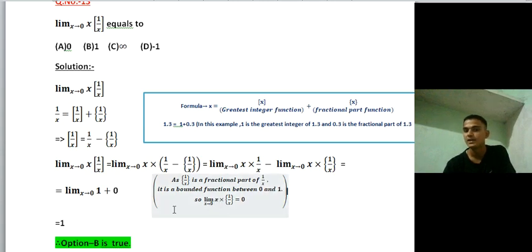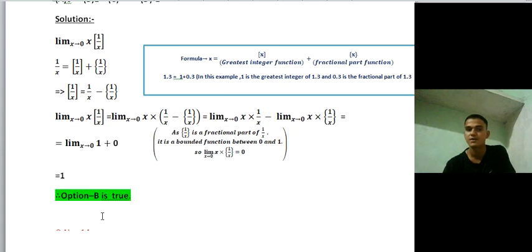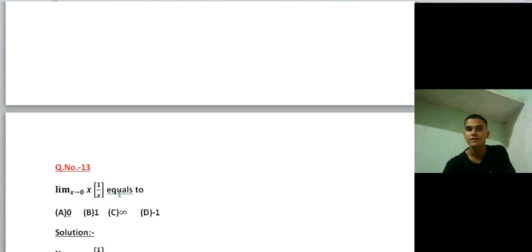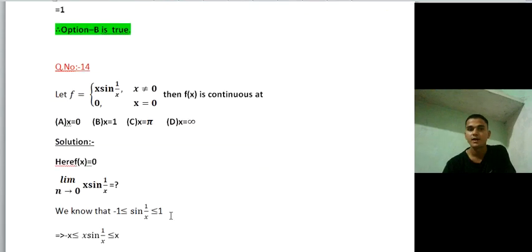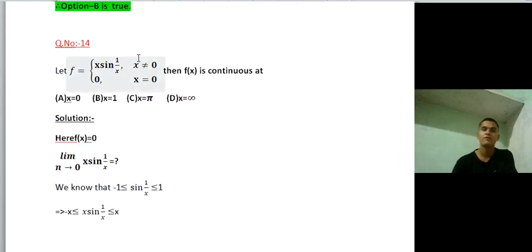So limit x tends to 0, x into fractional part of 1 by x will be 0. So this is 1 and this is 0. So 1 plus 0 is equal to 1. So option B is true. And then we'll go to question number 14.